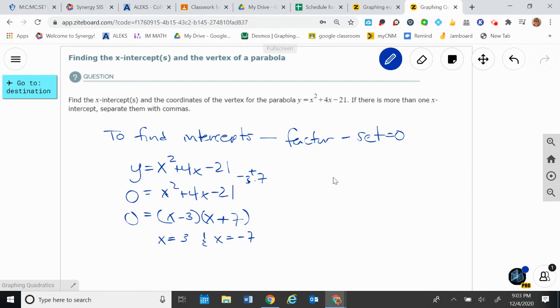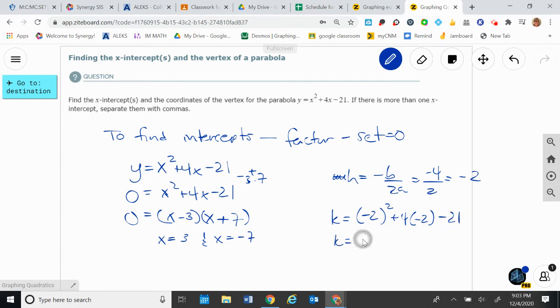Okay, so vertex again, h equals negative b over 2a, which is negative 4 over 2, which is negative 2. Then plug it in. Be careful. k is equal to negative 2 squared. Put it in parentheses. 4 times negative 2 minus 21. Just plugging it back in. k equals 4 minus 8 minus 21.